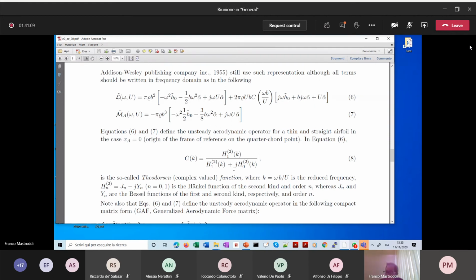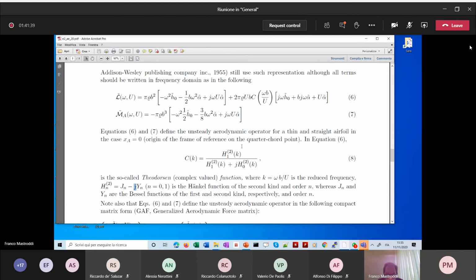Okay. So you have that these two are the J0 and J1, Y0 and Y1 Bessel functions, J and Y. You can compose with the Bessel functions the Hankel function here. So these two are the elementary Bessel functions. You can build, this is the imaginary unit, by the imaginary unit, you may build this Hankel function.